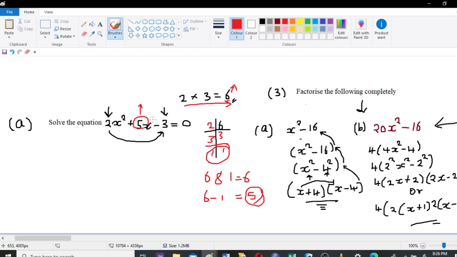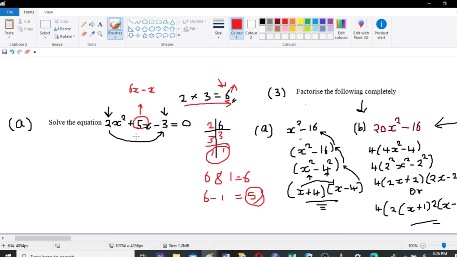So where there is 5x, we are going to replace it with 6x minus x. We haven't changed anything here. It's just another form of writing 5x, right? And then we keep in mind that if we multiply 6 times 1, we are getting back the product, which is 6, right? So let's substitute here. To substitute, we're going to get 2x squared.